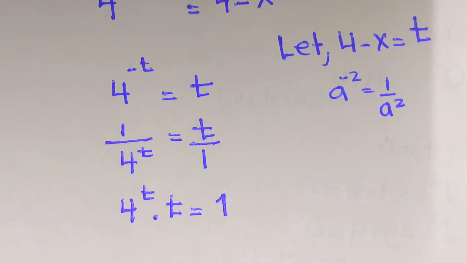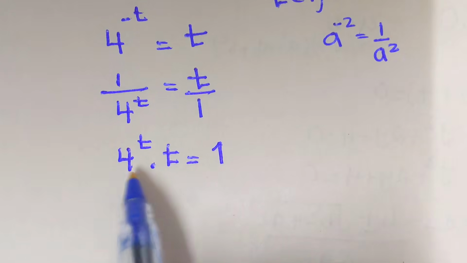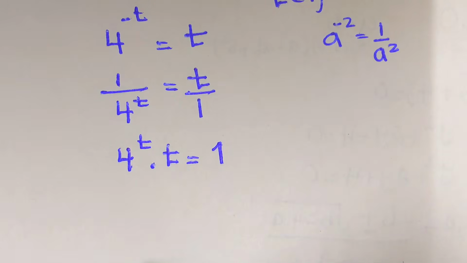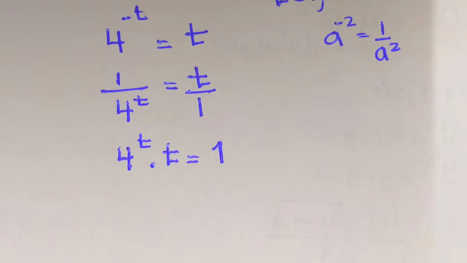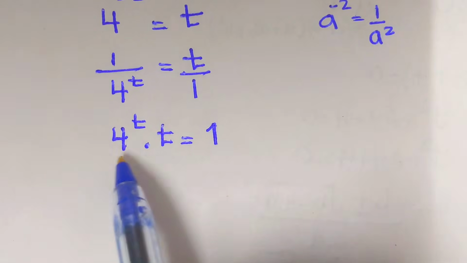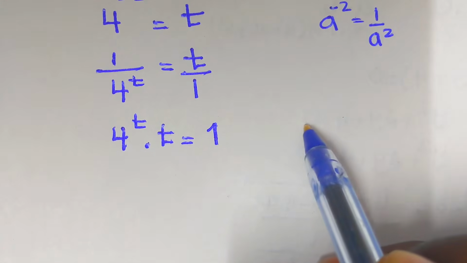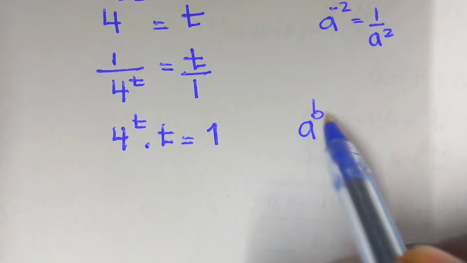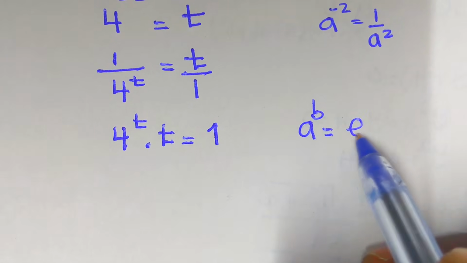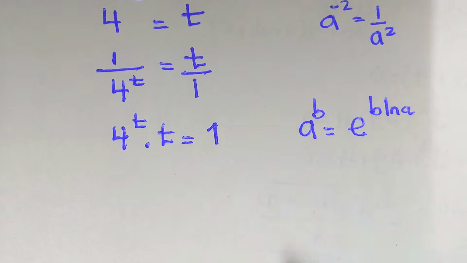This is what we have right here: 4 power t times t. Now what can we do? We can symbolize this as a power b, and a power b can be written as e power b ln of a.